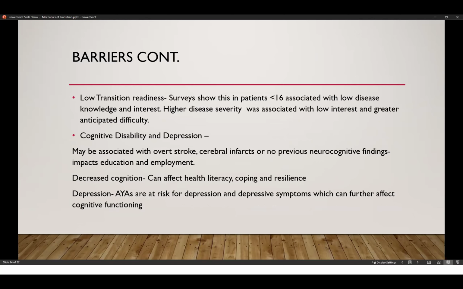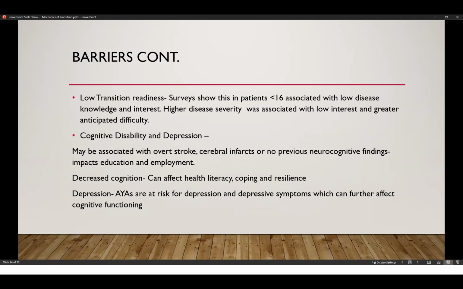And this has been found to be due to having fear of leaving their providers that they are used to, or the healthcare facility that they're used to. The other thing is they're just afraid to go to a new person. They don't know if this person is going to trust them. So all these things lead to low transition readiness. They don't want to even engage.